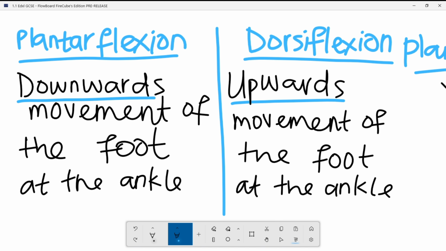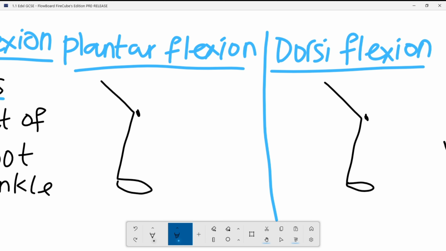So just to show what's really happening at the ankle, we have the upper leg here, the lower leg here, and the foot here. Okay, so if you were to move this foot downwards, let's say during the upward phase of a calf raise, you're obviously pushing down into the ground to bring your body up.